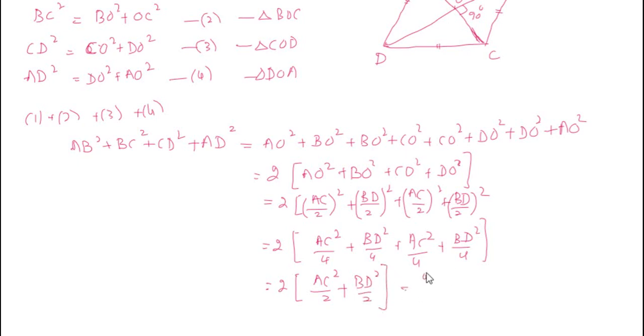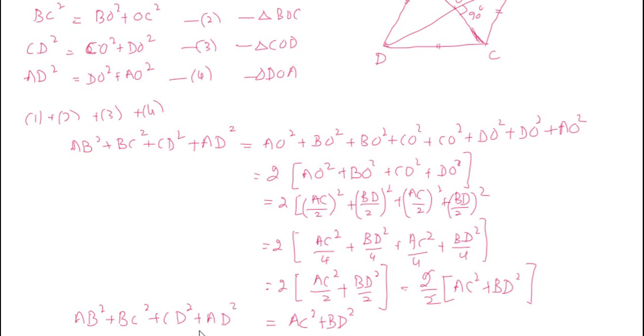If I take this 2 outside, that is 2 by 2, inside it is just AC square plus BD square. 2 cancels, so the right side is AC square plus BD square. This is the sum of the squares of the diagonals, which is equal to AB square plus BC square plus CD square plus AD square, that is the sum of the squares of the sides.